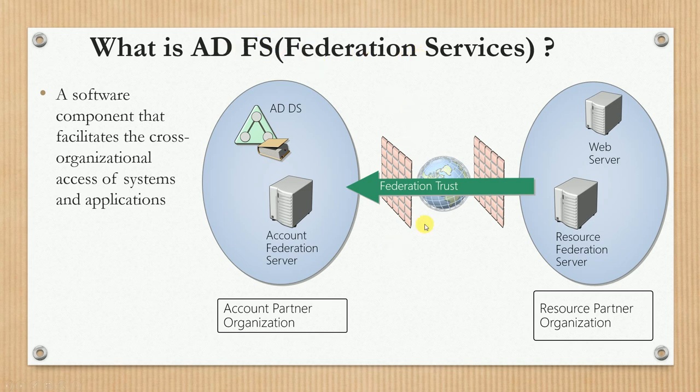ADFS will help you. So this is one domain with an account federation server, and this is a resource federation server. This is one company, or one domain, and this is another domain. It will create a trust relationship by using the federation service.